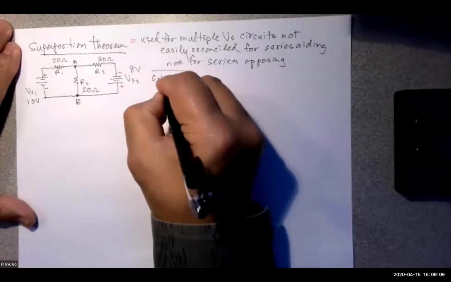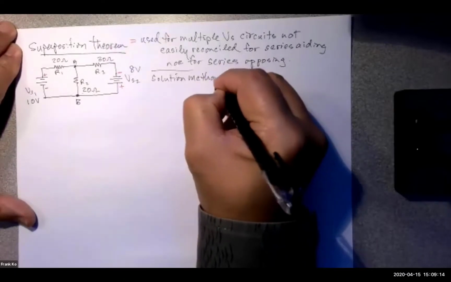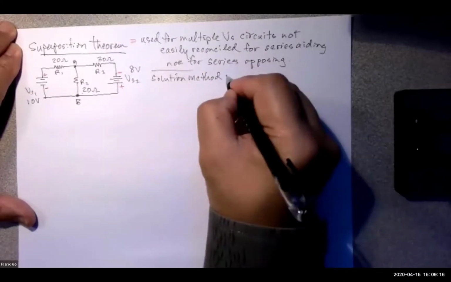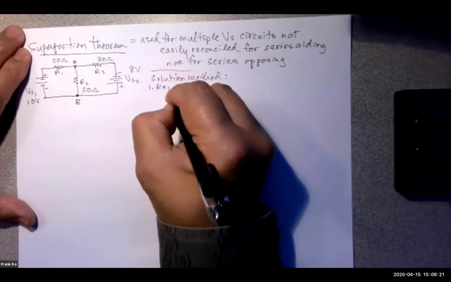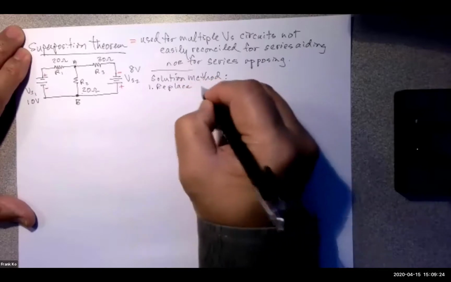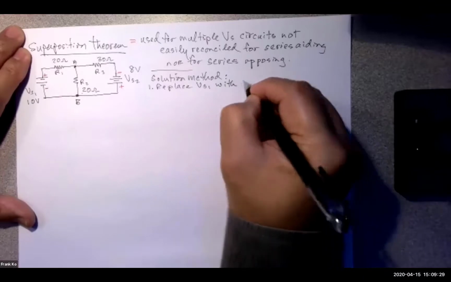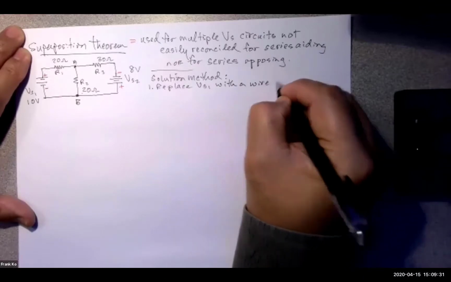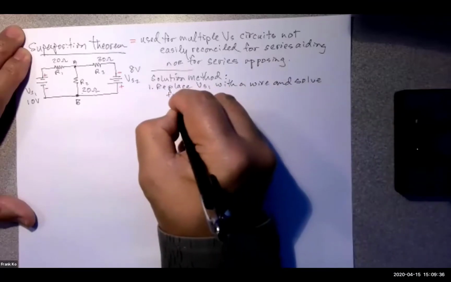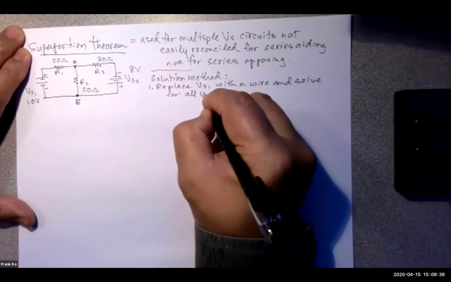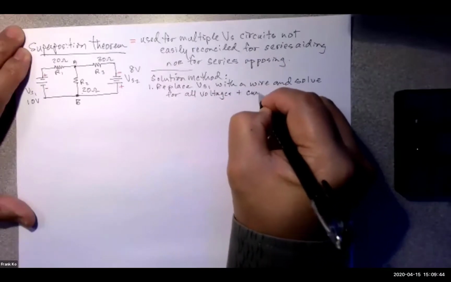Your solution method for superposition theorem will be the following. Step 1, replace VS1 with a wire and solve for all voltages and currents.